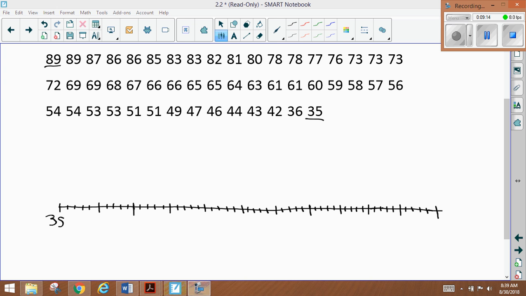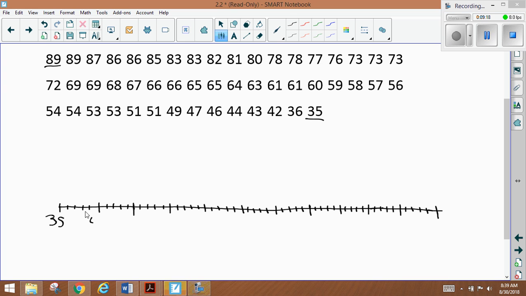Okay, so all we need to do is label, so that way we don't have to label all of them. So we can go 35, 40, 45, 50, 55, 60, 65, 70, 75, 80, 85, 90.